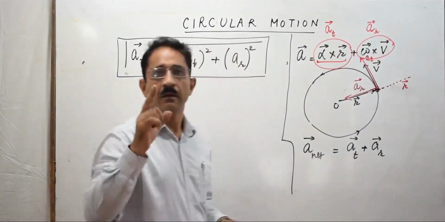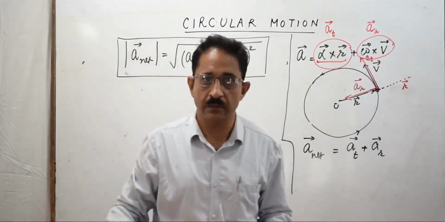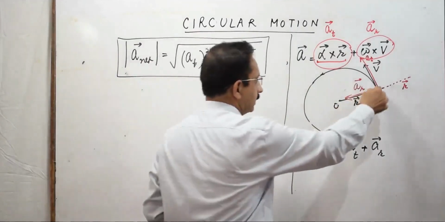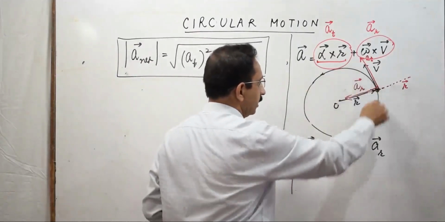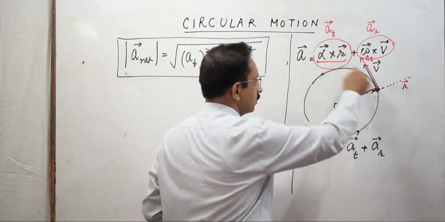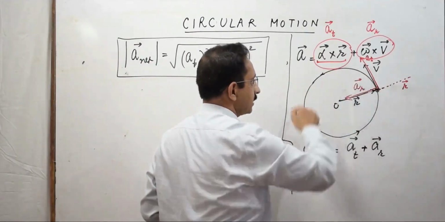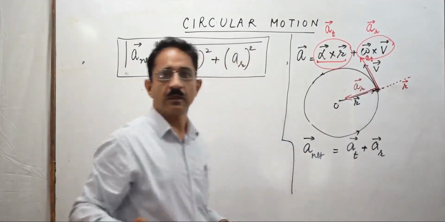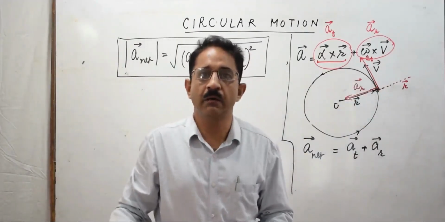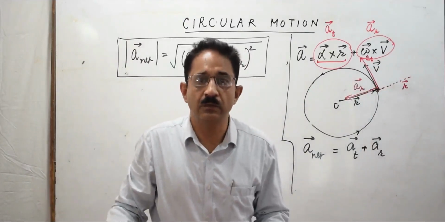You are registering a tangential acceleration. अगर ये हर वक्त ऐसे चलता रहा with the same speed throughout, that means it is not changing its speed and it has a constant speed along the circle, you are actually recording a uniform circular motion.